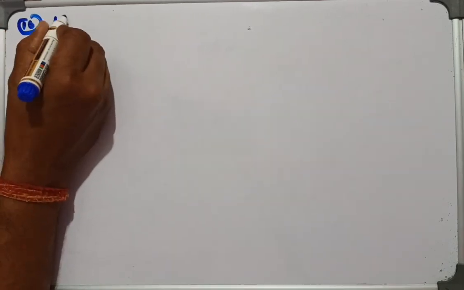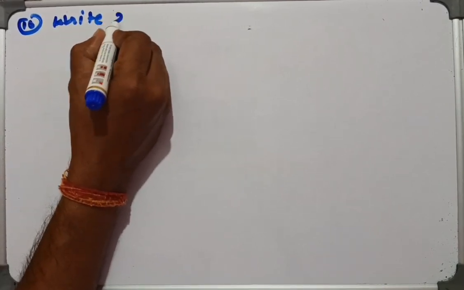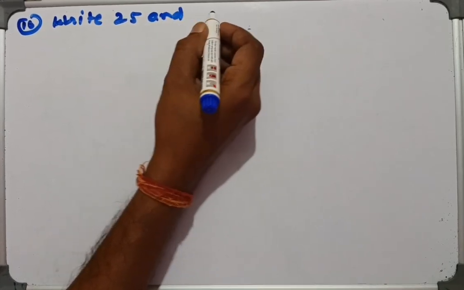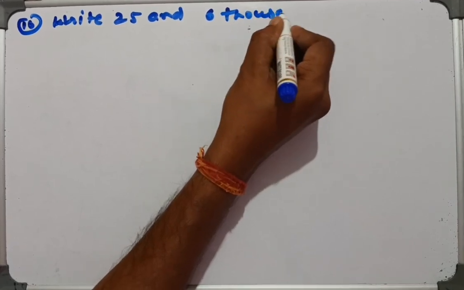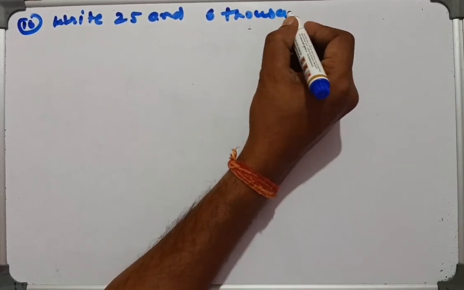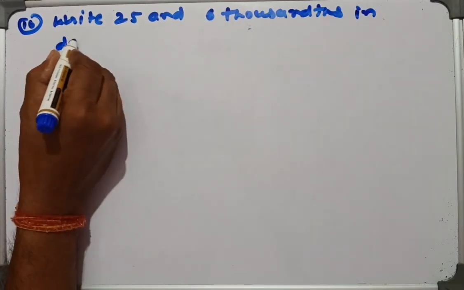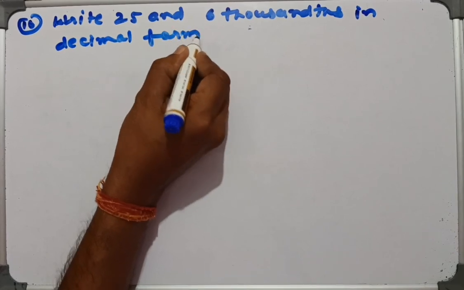Question number 10. Write 25 and 6,000 in decimal form.